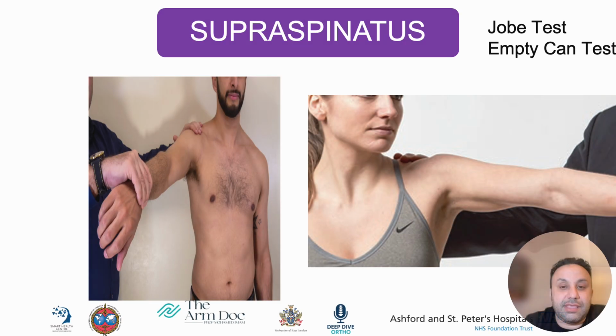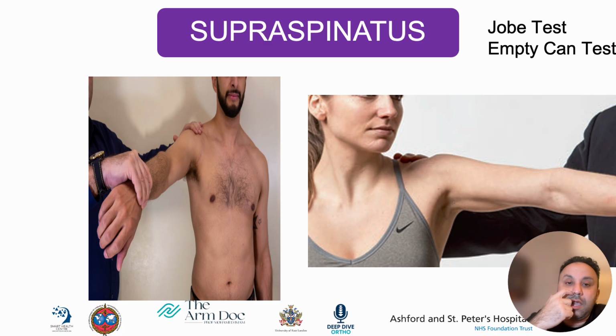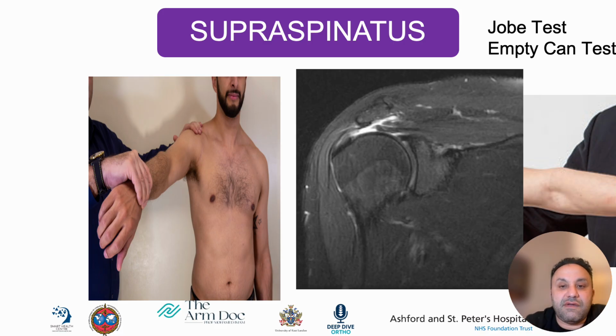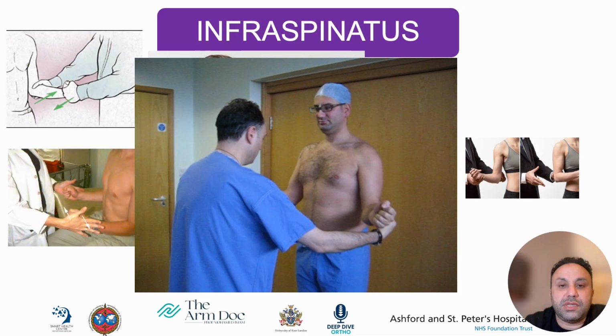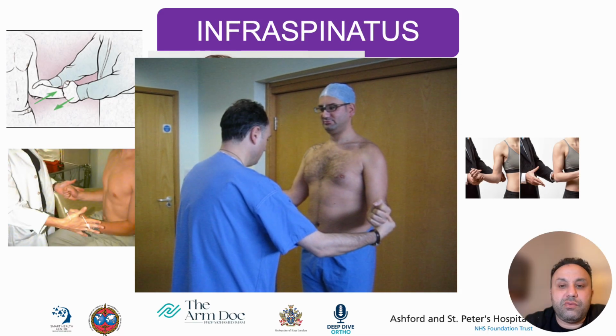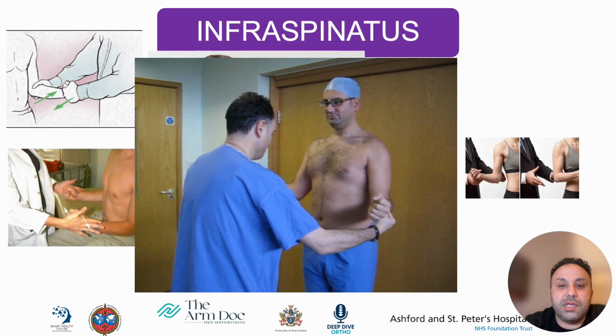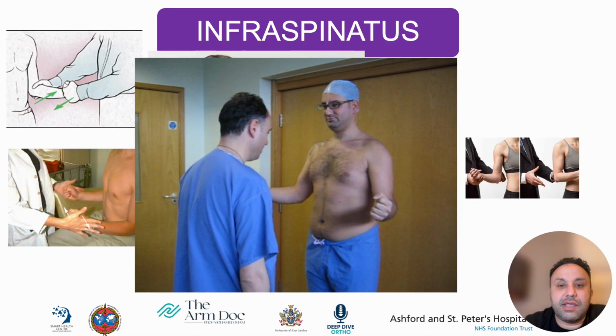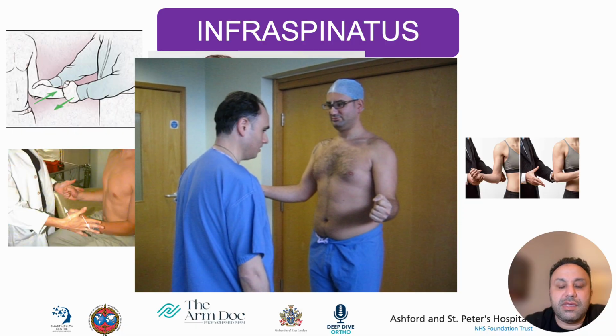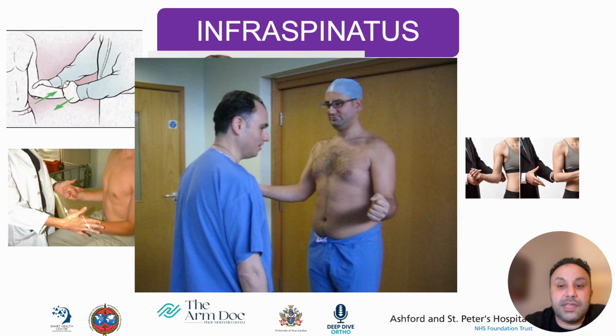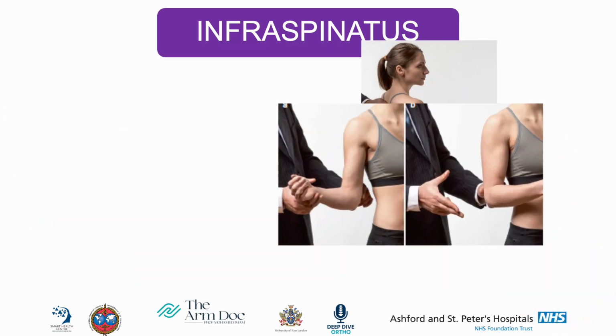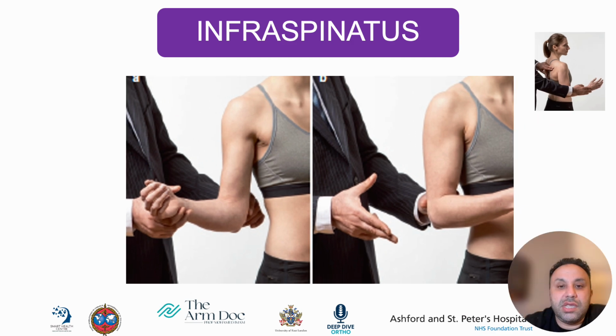That is also something to keep in mind. For the supraspinatus, we have different tests, which are very common, such as the Jobe test. Then you can assess the infraspinatus tendon with arms by the side, and assess resisted external rotation.